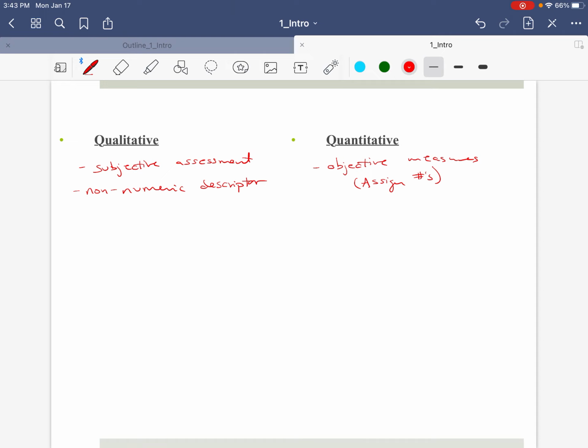So we could use terms like flexed, these are examples, or rotated, or good versus poor. Now, this doesn't necessarily mean that one is better than the other. You know, I think when you first hear about this, you're like, oh, well, objective is better because there's less room for error. Well, that's true.